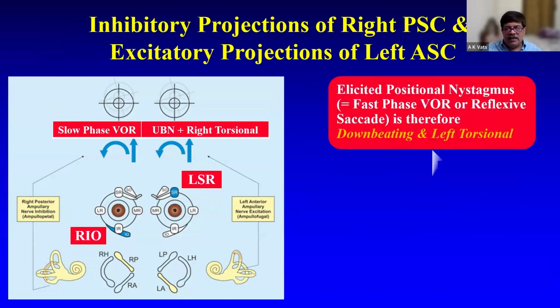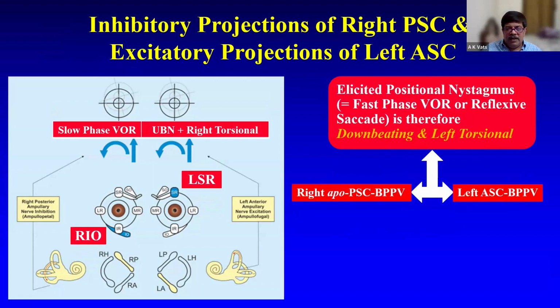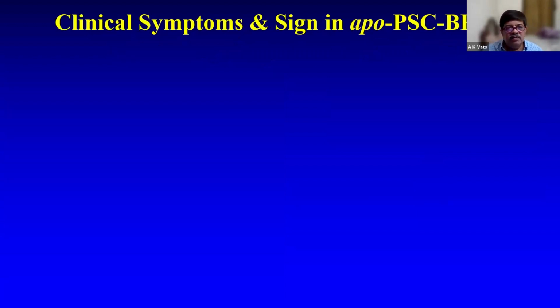The positional nystagmus, which is a fast phase VOR or a reflexive saccade, is therefore downbeating and left torsional, whether it is right apogeotropic posterior semicircular canal BPPV or left anterior semicircular canal BPPV. So this is the real reason why the two disorders sometimes mimic each other.